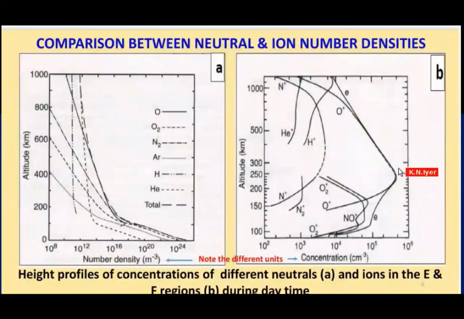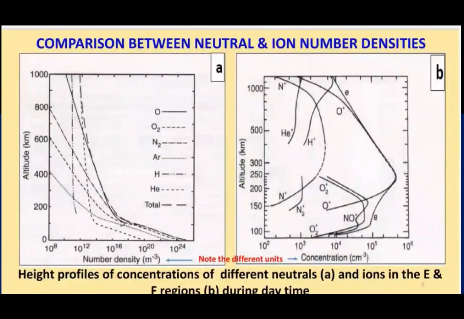So in this height range, the O+ curve is dominating in the F region, and similarly, the sum of the NO+ etc. will be equal to E in the lower part.